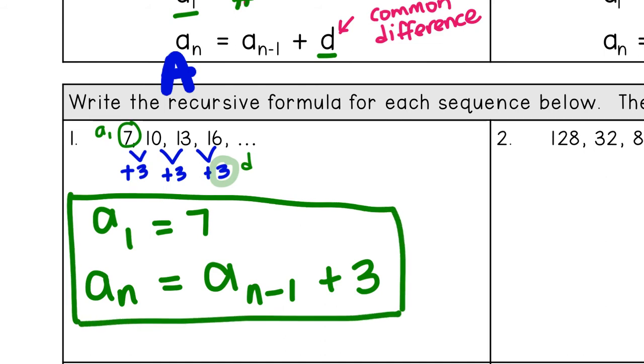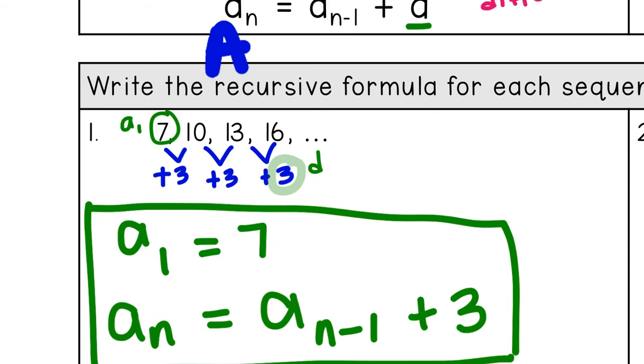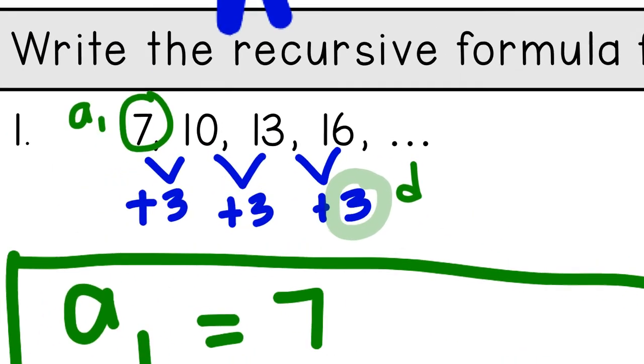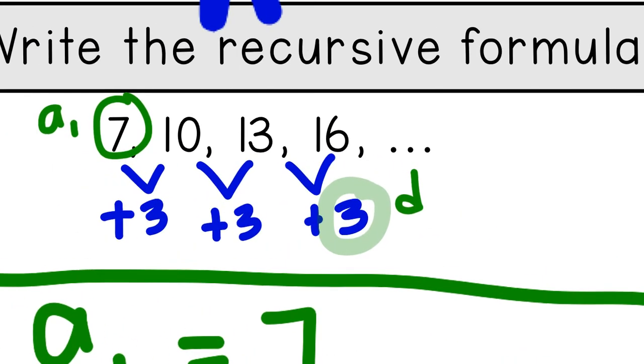Okay, but now it also wants us to figure out what the next three terms should be. So I'm going to zoom back in on the sequence. Since we already figured out that the pattern is that they're adding 3 every single time, we're just going to continue that pattern. What is 16 plus 3? That's 19.